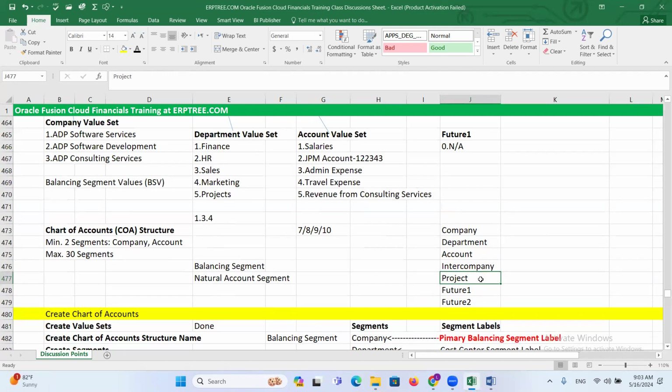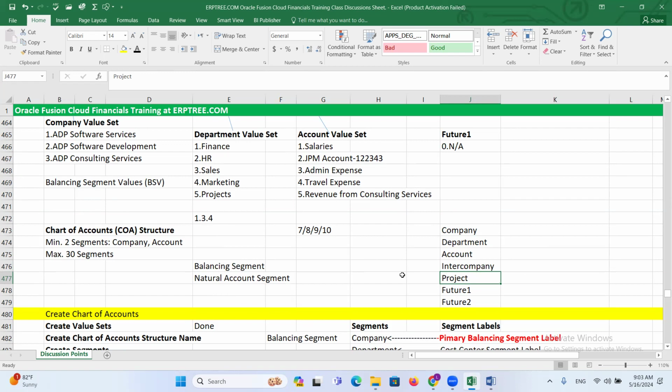If they are in the service industry, they may come up with a segment such as service line or service type. If they are selling products, a product segment. If it is the healthcare industry, maybe they can have a segment such as specialist. The one or two segments are always based on their business.